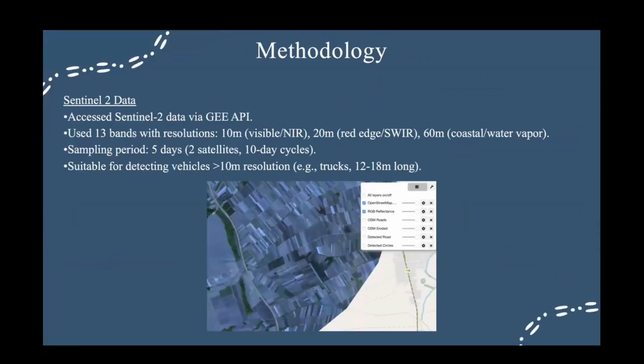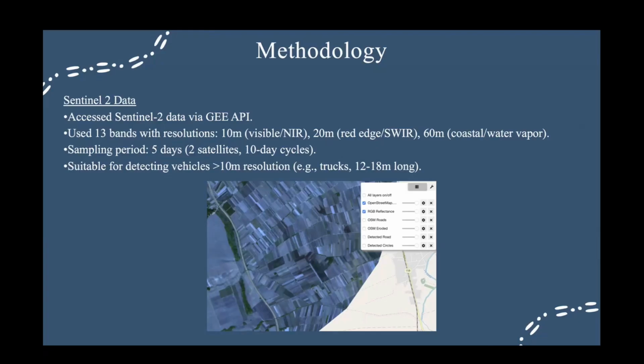So as I said, we're going to use the Sentinel-2 data. So I'm going to explain some properties about this data. When it comes to this data, we have 13 bands. During our research, we tried many bands, but we decided that the band that has the smallest possible resolution is the best one for us to detect some kind of movements.